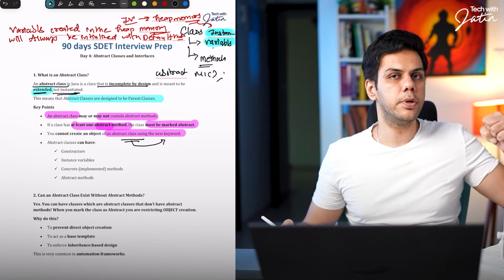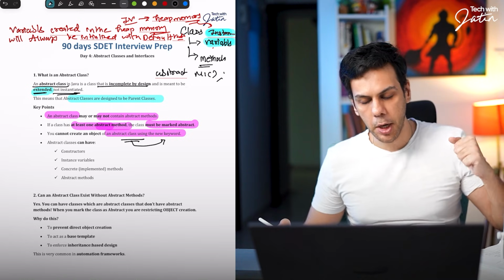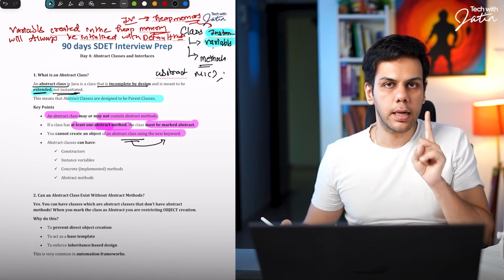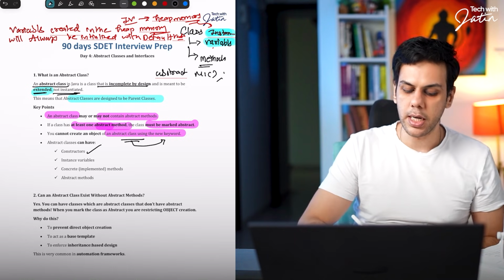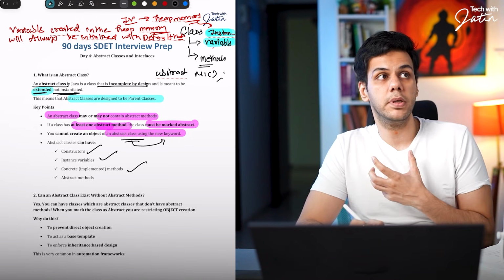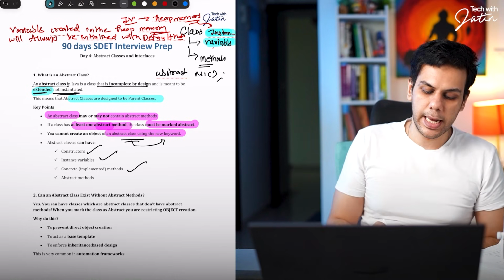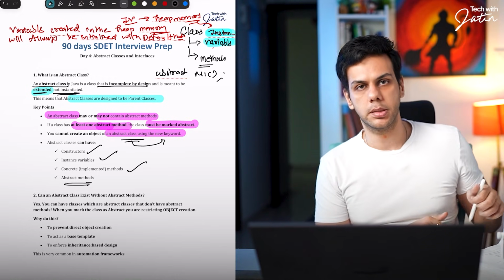So we are taking away that power of creating the object. Now, abstract classes can have constructors, instance variables, concrete methods, that is implemented or complete methods, as well as abstract methods.